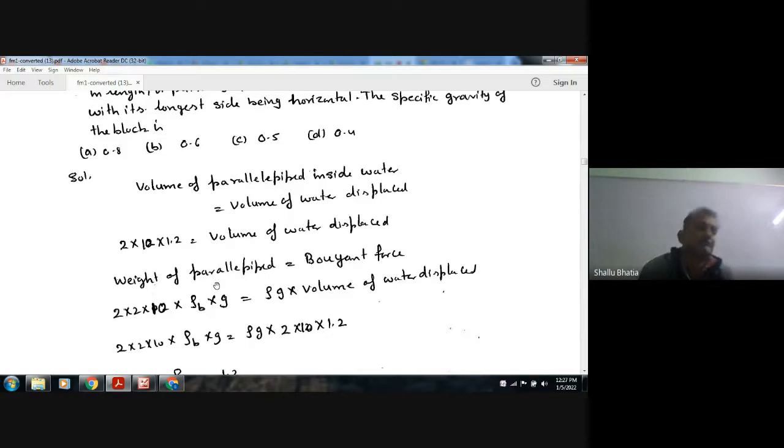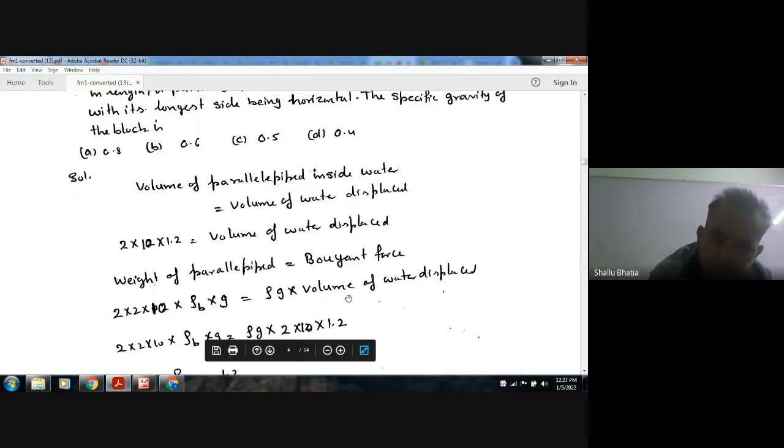The weight of the block is acting downward, and that will be equal to the buoyant force. So the volume of water displaced is 2 into 10 into 1.2, and the volume of the block is 2 into 2 into 10. Total weight is volume of block into density of block into g, and this is volume of water displaced into rho g. So that is the buoyant force.